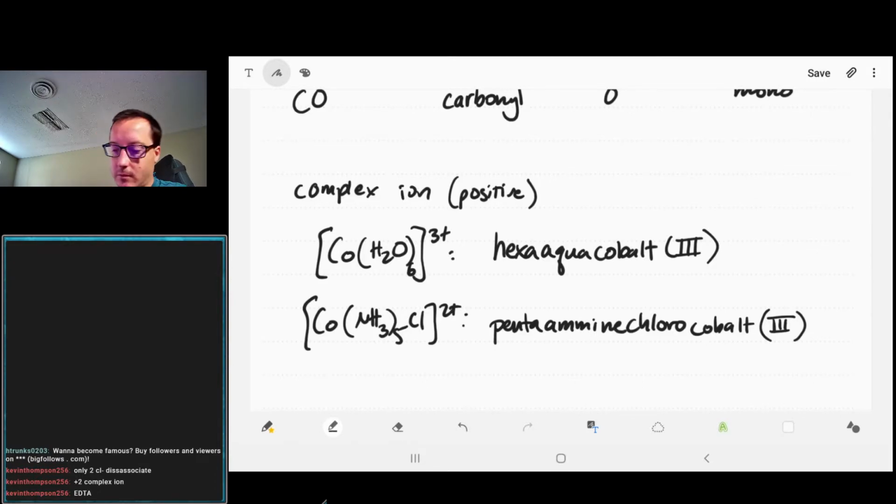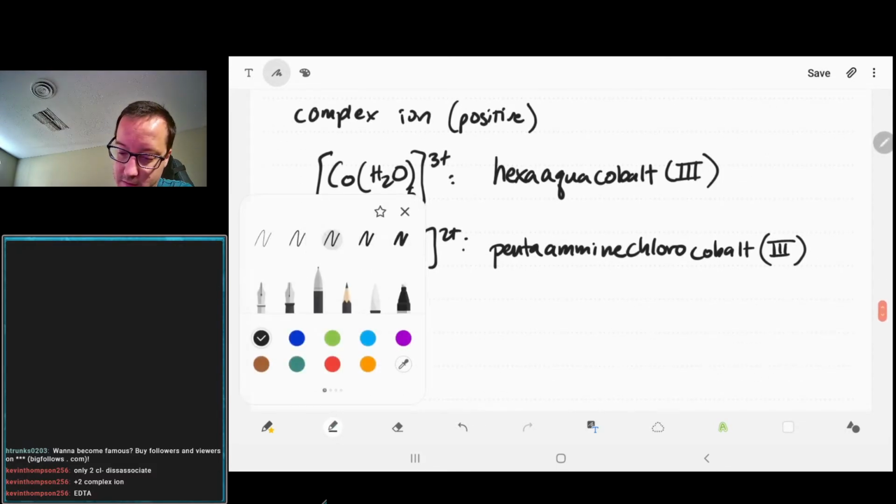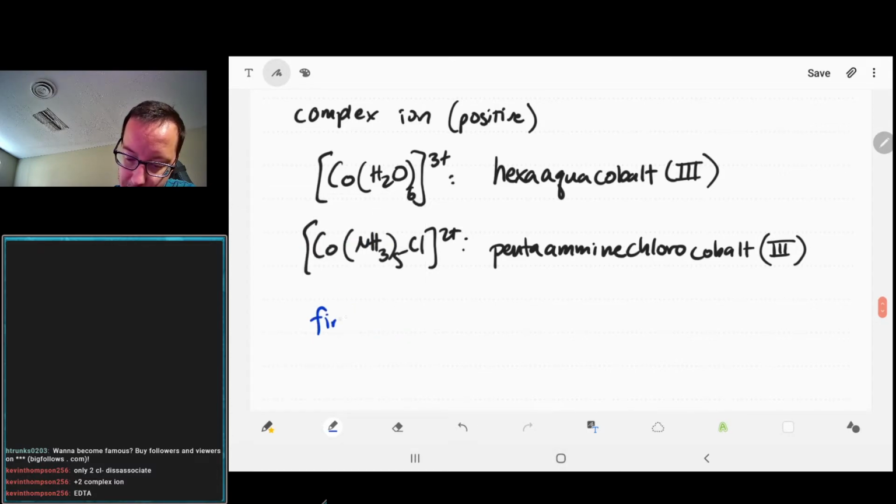And so, when we are looking at naming these, the first part of it is we say all the ligands in alphabetical order.